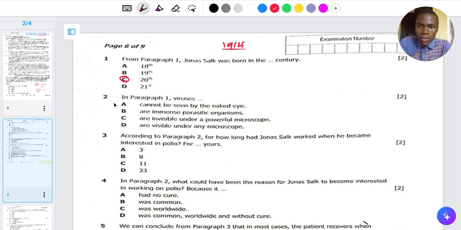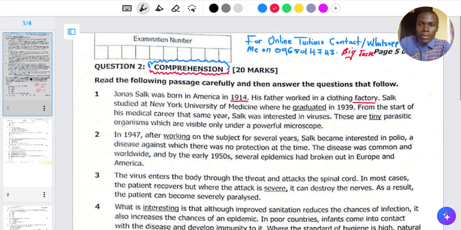Then for question 2, it is saying in paragraph 1, Viola says dash. So let's read paragraph 1 and then extract the answer. It is saying Jonas Salk was born in America in 1914. His father worked in a clothing factory.